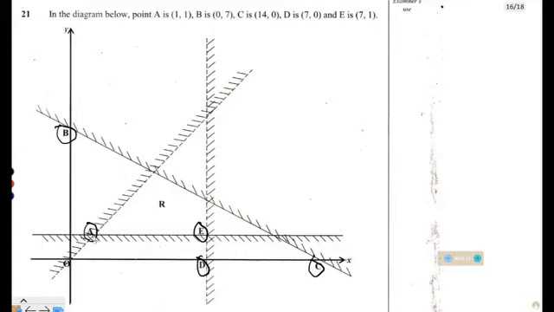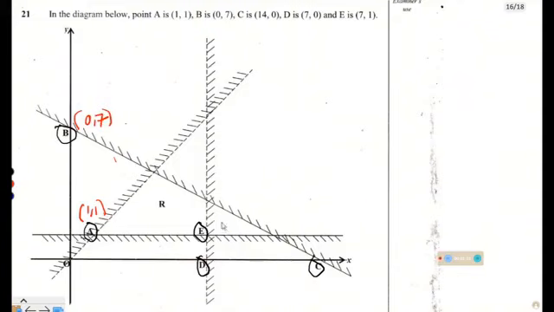So after identifying where our points are, we know that these points have coordinates. According to the question, point A is (1,1). Then point B is (0,7).